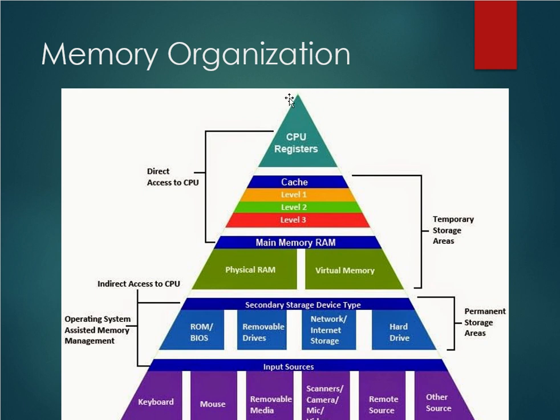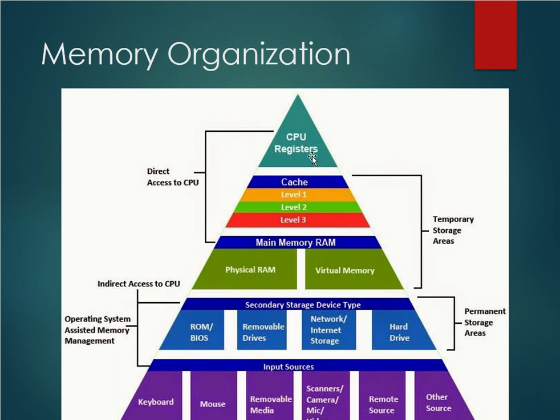It lies here at the top of this pyramid, but not included in the pyramid. And it is at one end of this data flow, the processor, and at the other end, it can be a memory location called CPU register, cache, main memory, secondary storage, or input sources.